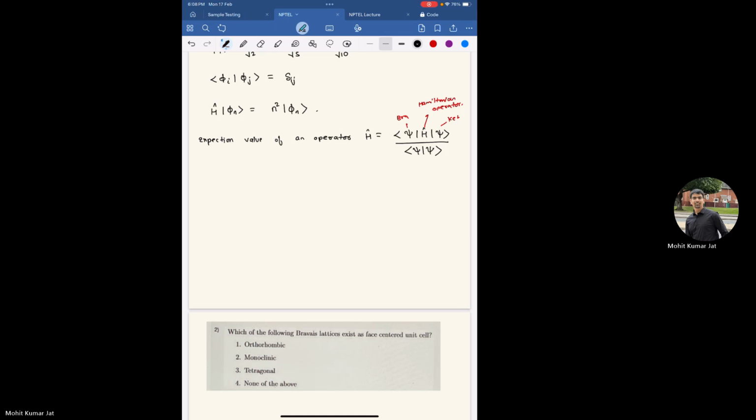But yeah, now let's just calculate. So the expectation value of h we write like this.